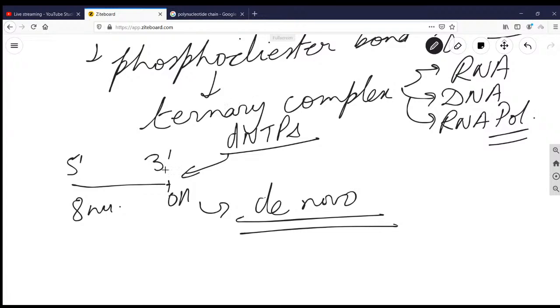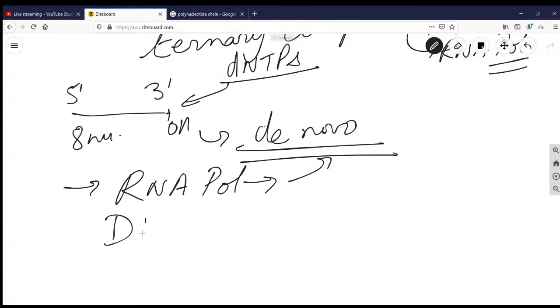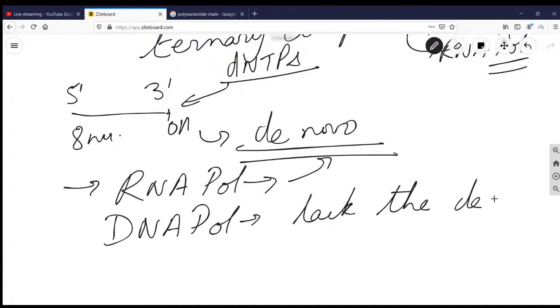It cannot do it. So RNA polymerases, one mark question, they do possess, even eukaryotic RNA polymerases, they do possess the de novo polymerase activity, but the DNA polymerases lack the de novo polymerase activity.